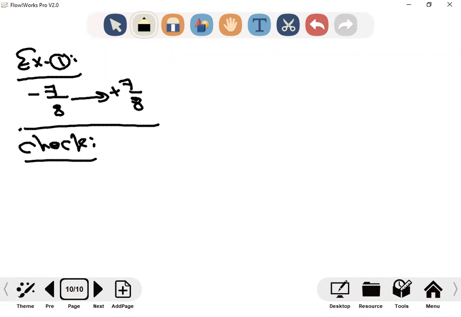Read, Omar. -1/8. Don't put equal. They are not equal. -1/8. What's the additive inverse? 1/8, or you can put +1/8. It's the same. Done with this idea?